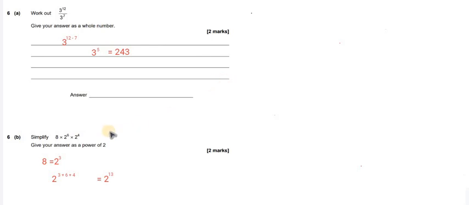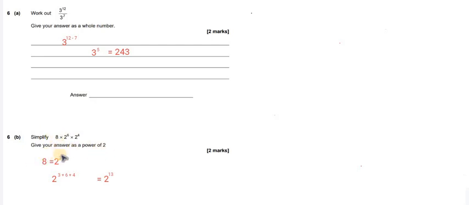Okay. Part B, simplify 8 times 2 to the power of 6 times 2 to the power of 4. Give your answer as a power of 2. Okay, so this has a base of 2 and a power of 6, base of 2, power of 4. 8, not the same. So we have to convert that to have a base of 2 with a power.